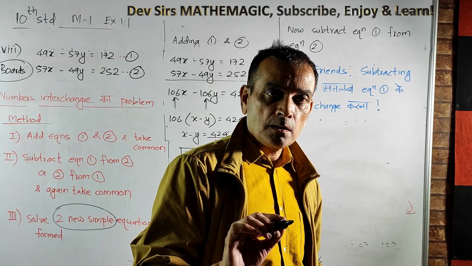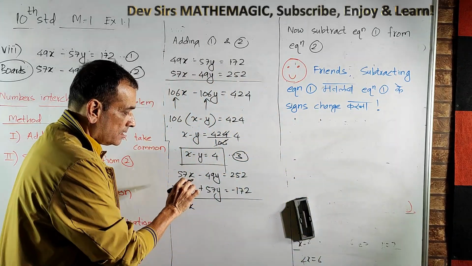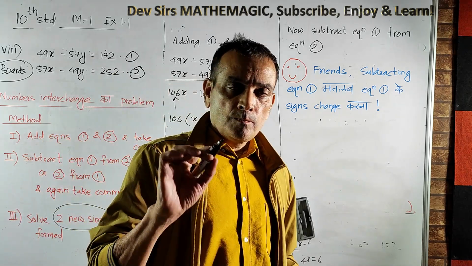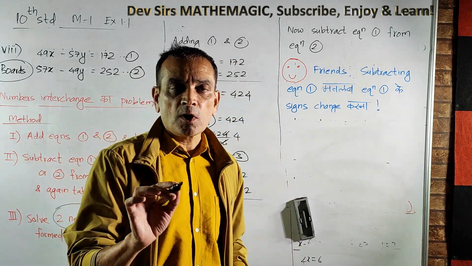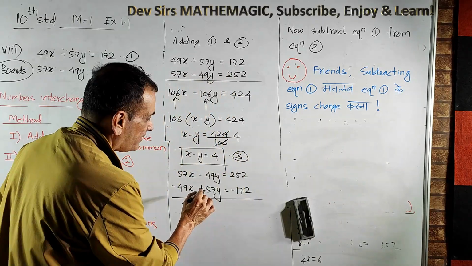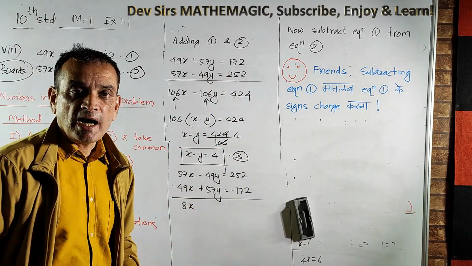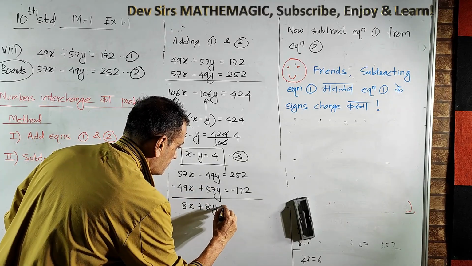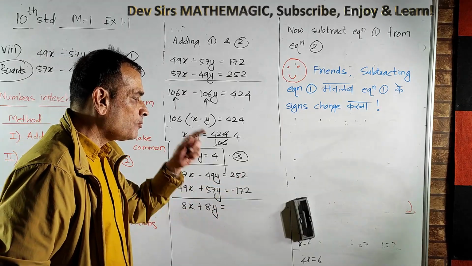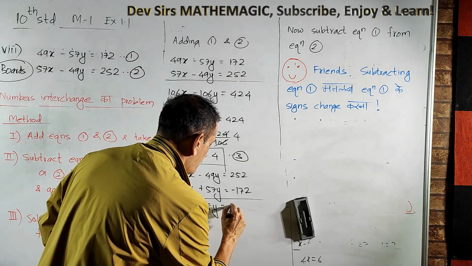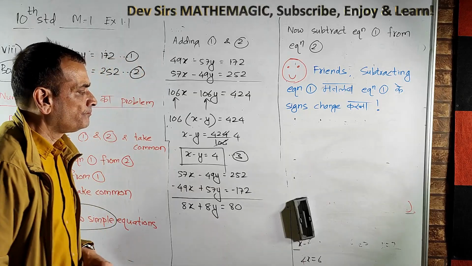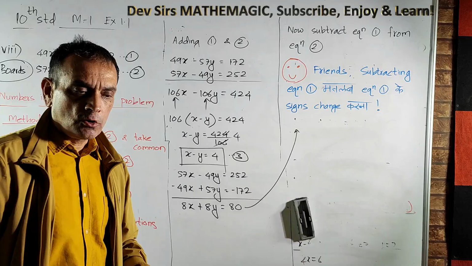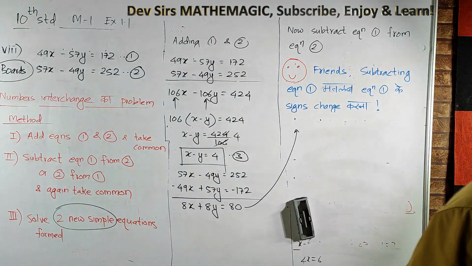Whenever the numbers are minus and plus, subtract the smaller number from the bigger number, 57 minus 49, and put the sign of the bigger number. 252 minus 172 is 80. Okay, take out 8 common. Go ahead, try.